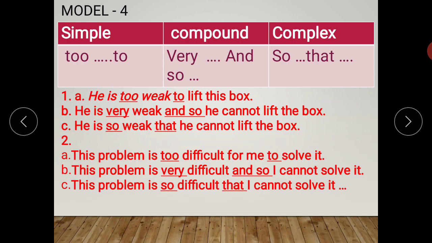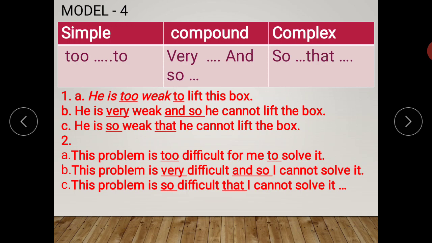The fourth model: clue words in the simple sentence are too, very, and so. Complex: so, that. In the simple sentence, it is "too" with a word in between, like "too weak to", that's why I've given a space there.